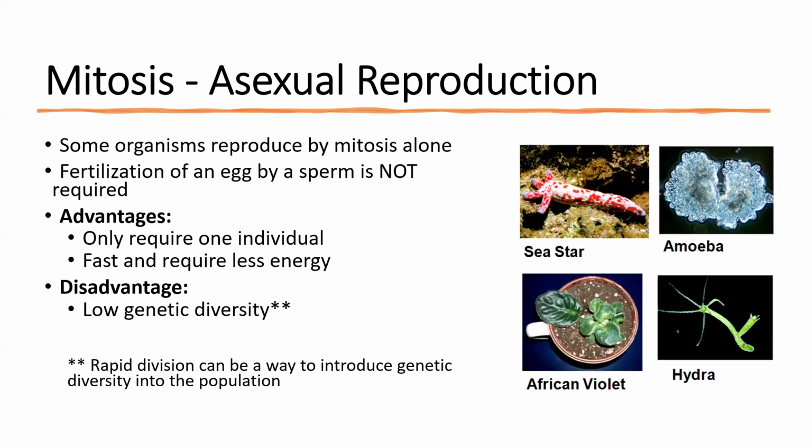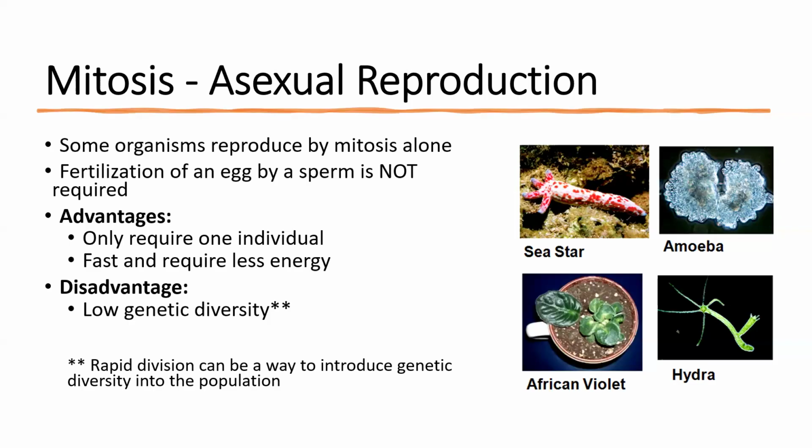If you are just making copies of yourself, then all the offspring will be genetically identical to you, which could be a problem because if there is some kind of genetic defect, that defect will be in every single offspring, right? So that could be a problem. But later, as we will see, being able to divide rapidly is actually a way to introduce genetic diversity in the population.